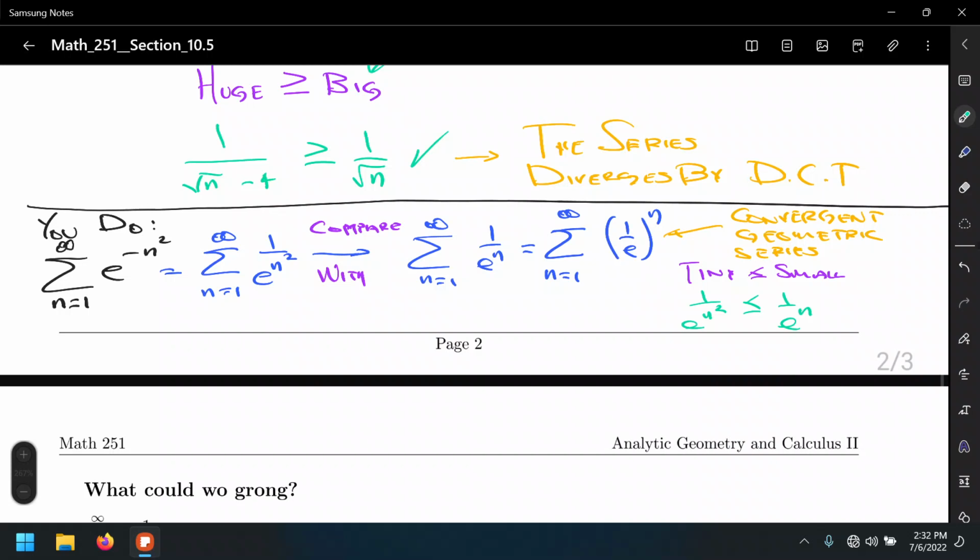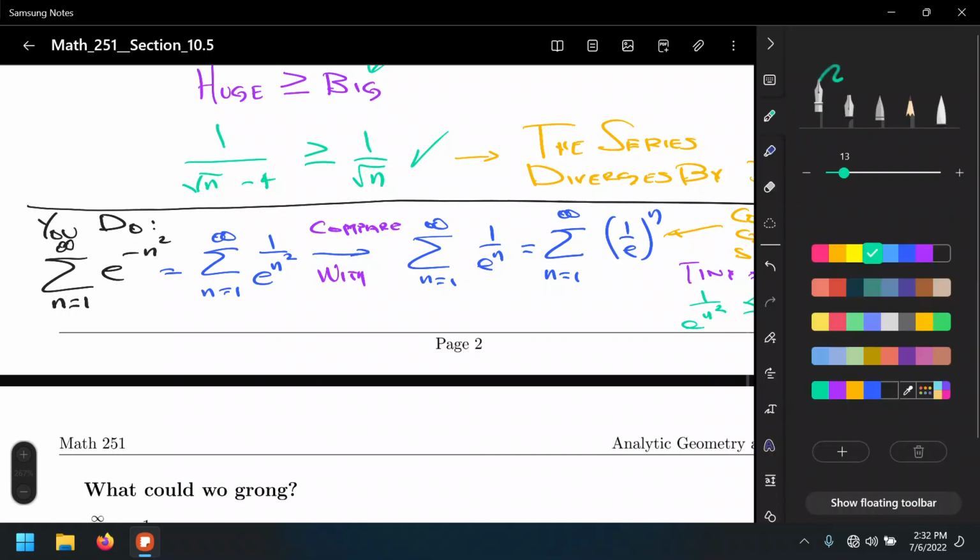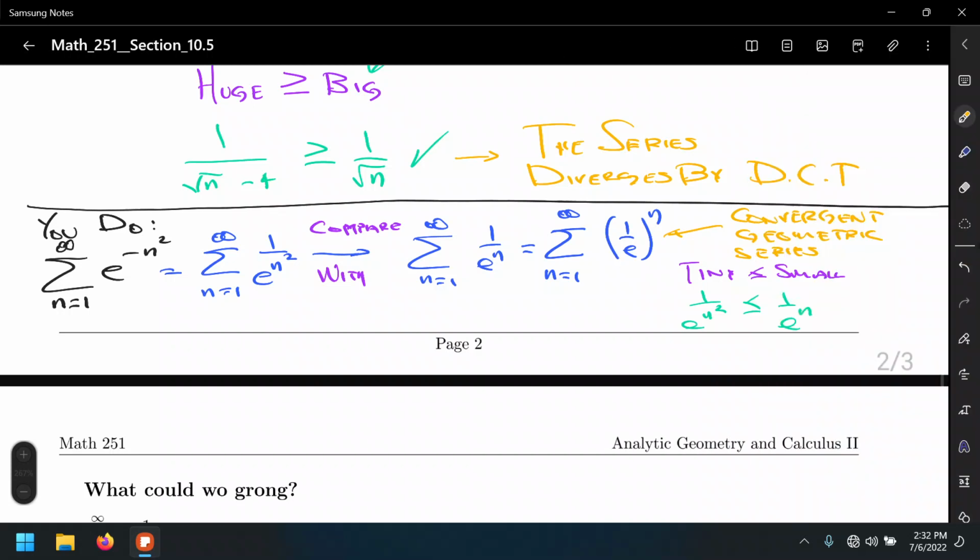Dividing by a larger number makes it smaller, so the inequality is true. This is enough to say that the series converges by the direct comparison test.